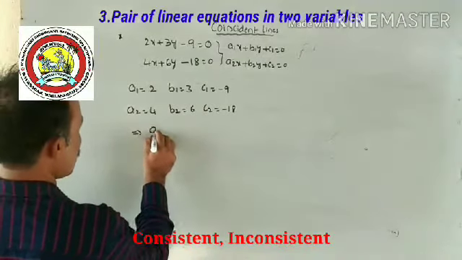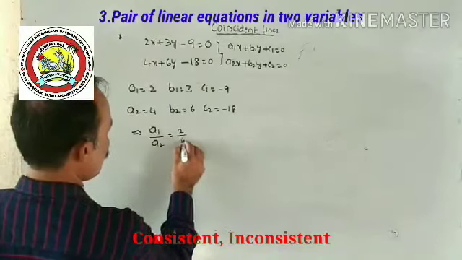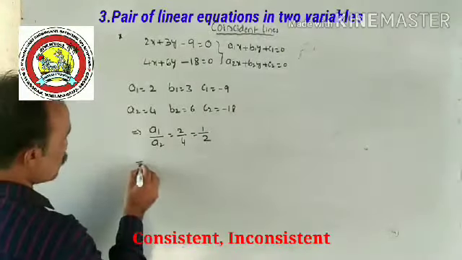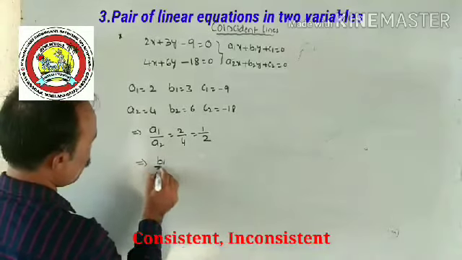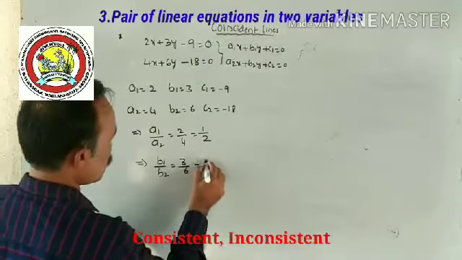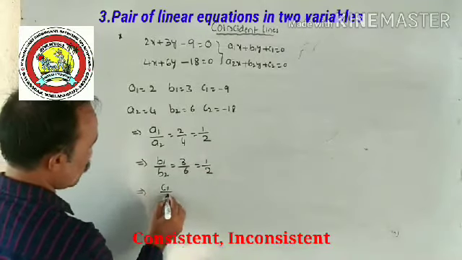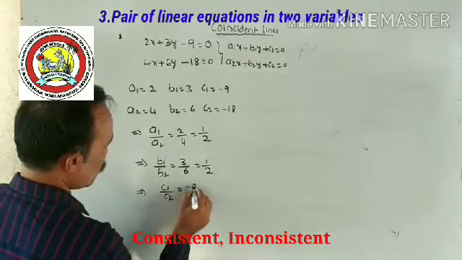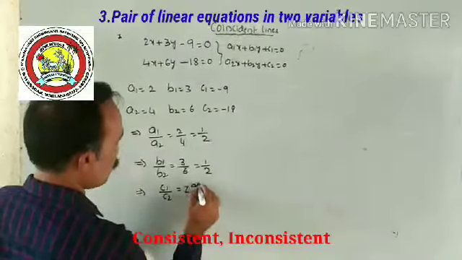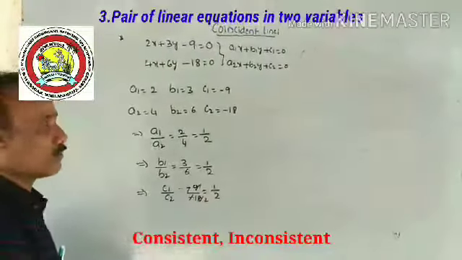Find the value of a1 by a2, that is 2 by 4, which is 1 by 2. Next, b1 by b2, 3 by 6, is also equal to 1 by 2. Finally, c1 by c2 is minus 9 divided by minus 18; the minus signs cancel, and 9 ones are 9, 9 twos are 18, so the value is also 1 by 2.